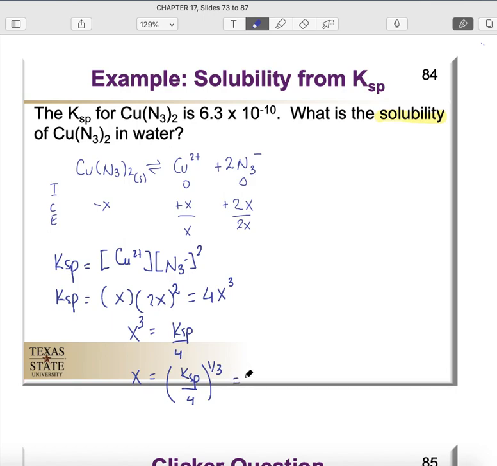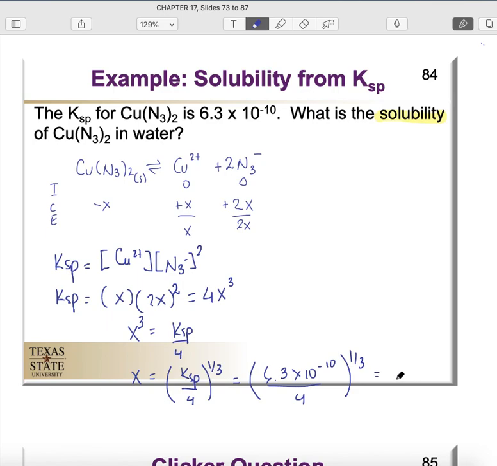And now we can plug in the values. KSP is 6.3 times 10 to the negative 10 divided by 4, all of that to the power of 1/3.